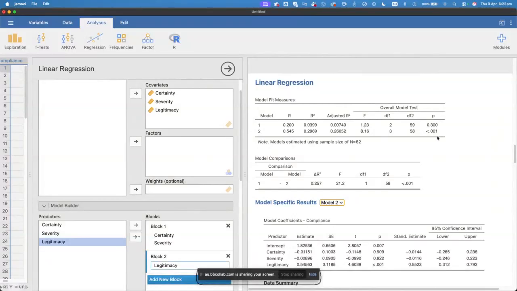Again, what does our overall model test look at? What is it assessing? It's how useful the model is, in a nutshell, but it's comparing something specifically for each of these models. What is it comparing?